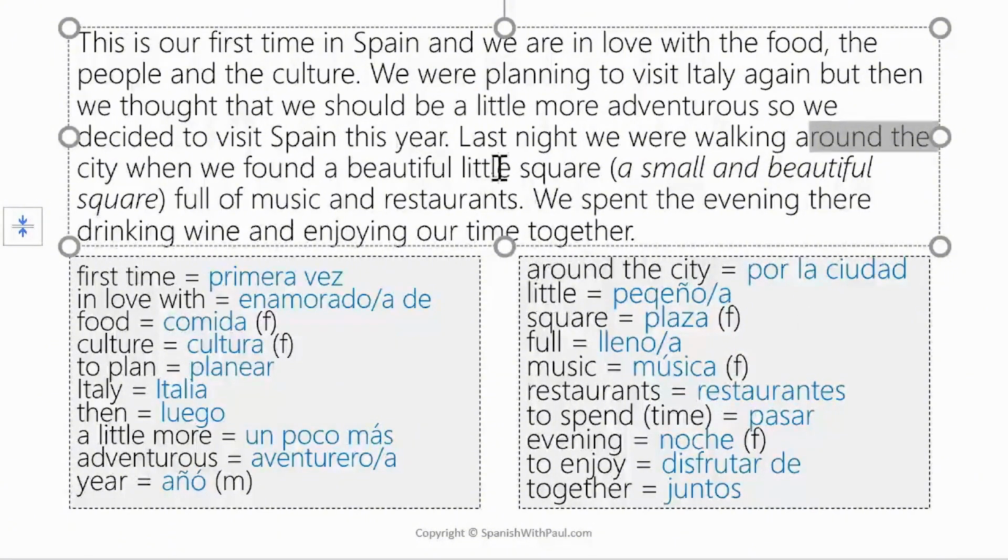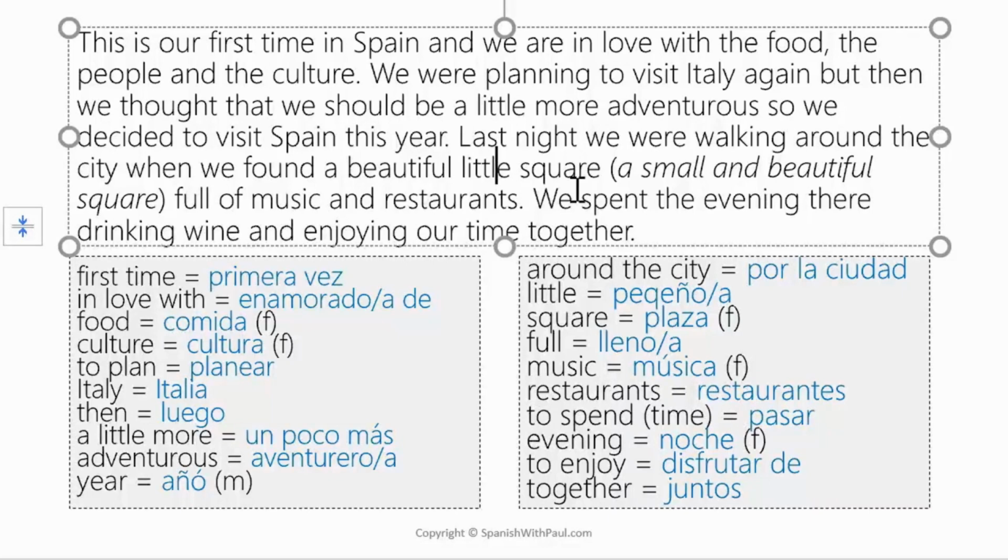The word for little is pequeño or pequeña, and the square, meaning like the town square, is la plaza. The word for full can either be lleno or llena, and music is la música. Then restaurants is restaurantes. You just change the pronunciation really.